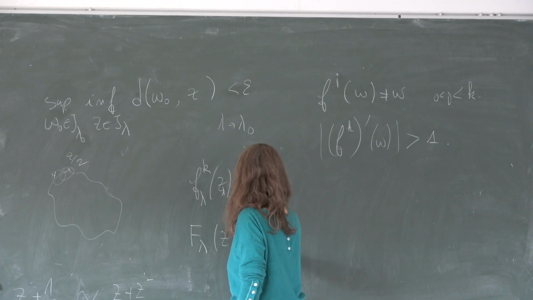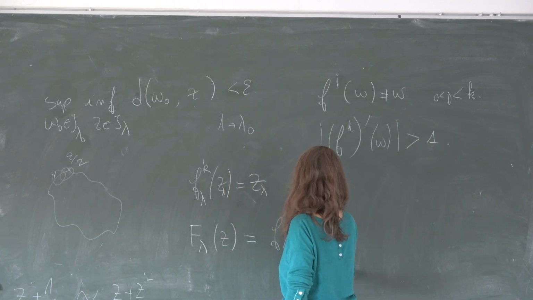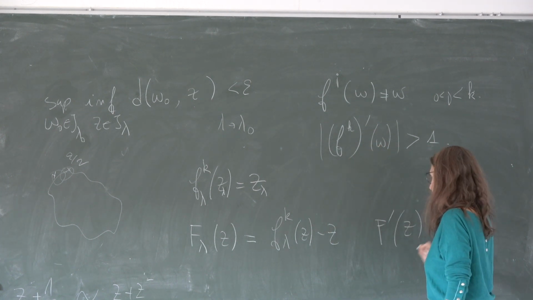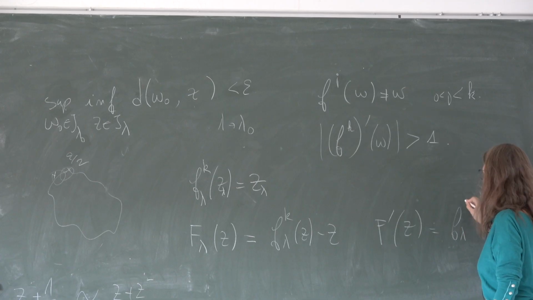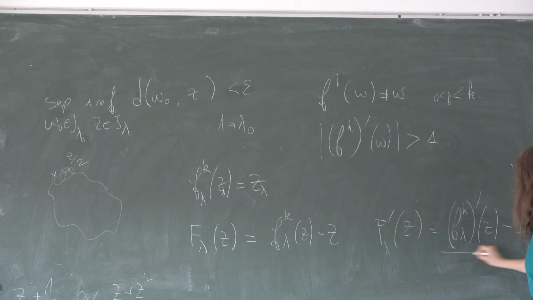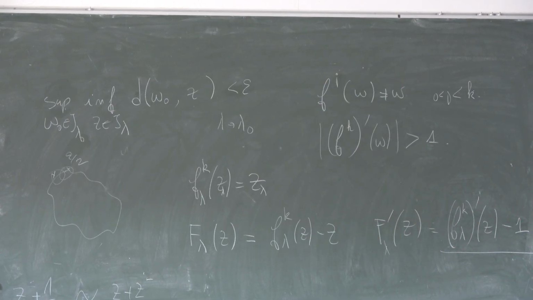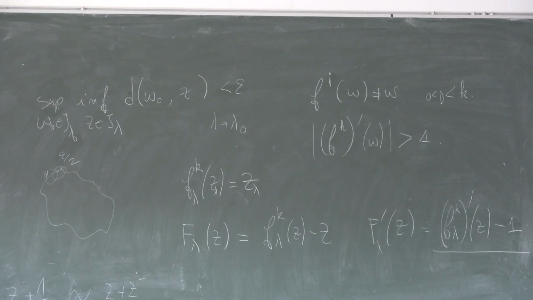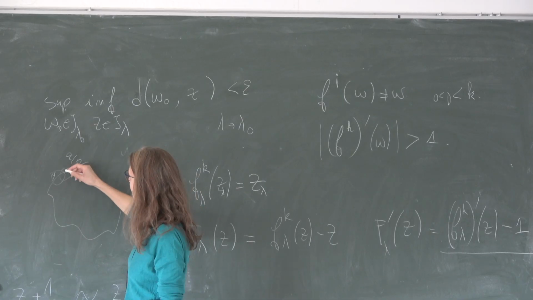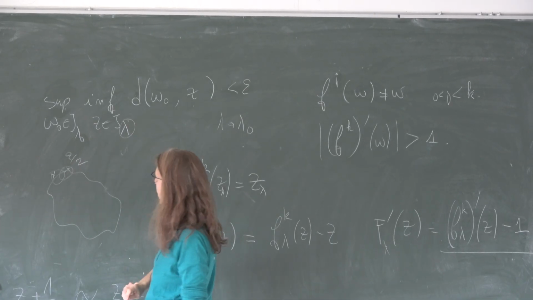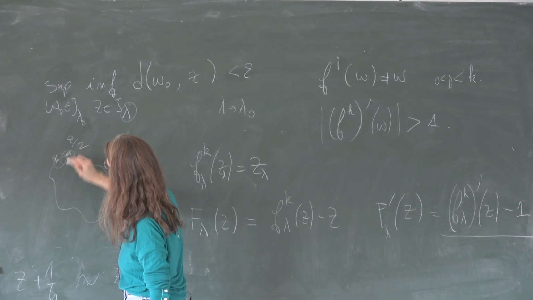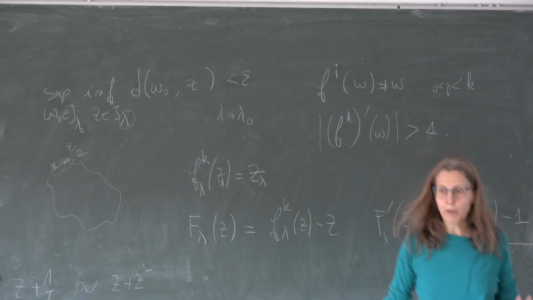If you consider F lambda of z, which is f lambda^k of z minus z, the derivative at z is just the multiplier minus 1. So here you see that the multiplier different from 1 allows you to follow any periodic point of period k. It means that if I move my parameter, I can follow all these periodic points, and they stay because I have a finite number of periodic points.